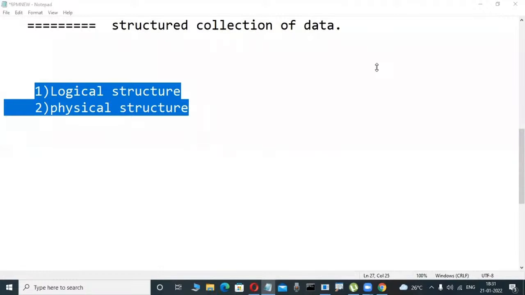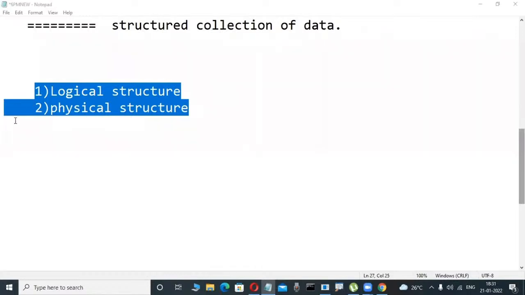Anybody? Some fellows are telling logical structure means logical structure, physical structure means physical structure only. No, don't tell like that. What is logical? What is physical? Very easy.